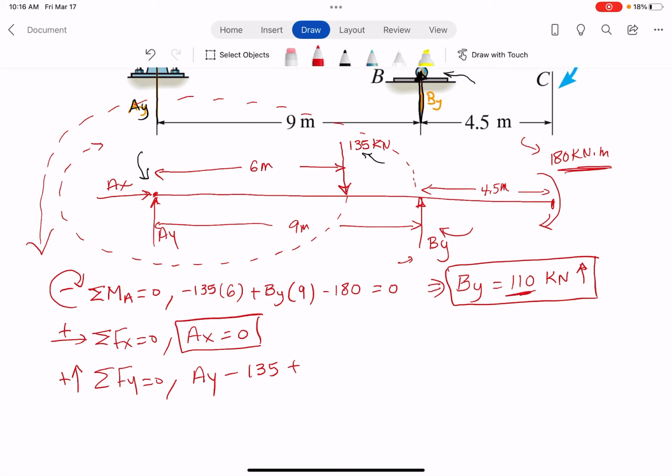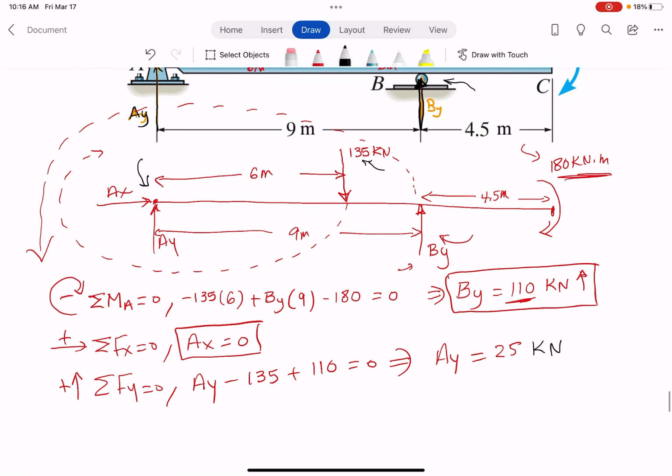By is 110. And there is no need to add the 180. Okay? So Ay minus 135 plus By equal to 0. And then you could find Ay equal to 25. And it is plus, 25 kilonewton. And where is the Ay? Ay is up. So our assumption is correct.